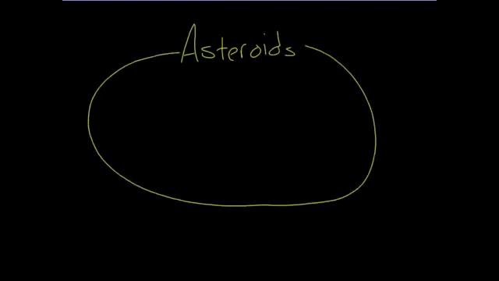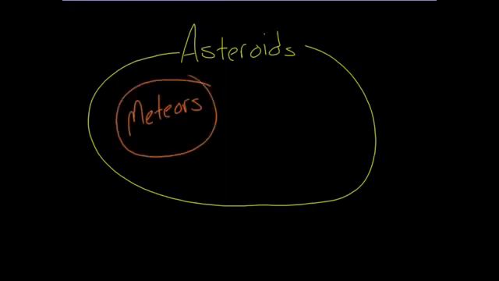Asteroids is such a general term that if I were to have the group asteroids, within that group would be all of our meteors. All of our meteors would be in the asteroid group, and some of our dwarf planets.